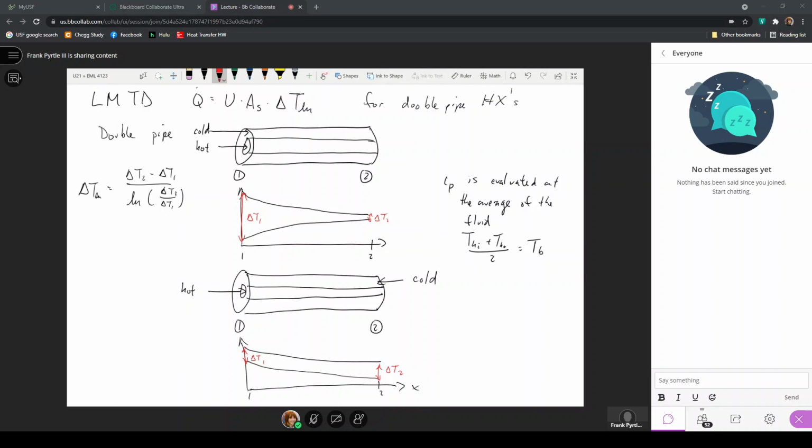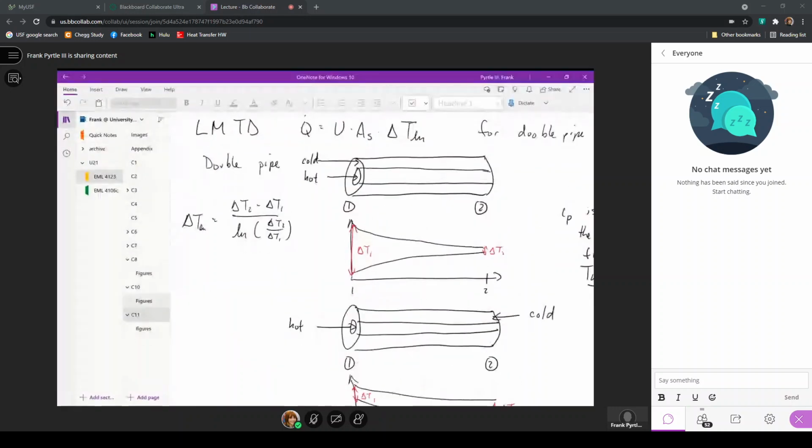Now, this expression does not directly apply to the shell and tube and the cross-flow heat exchangers, and the reason for that is that the hot and cold fluids do not share inlet and outlet positions.